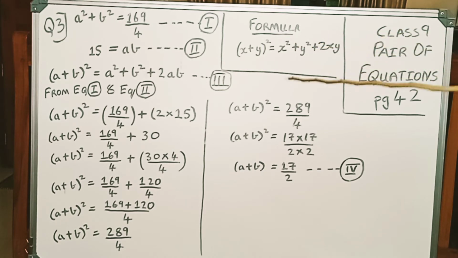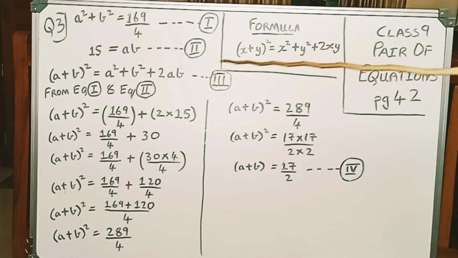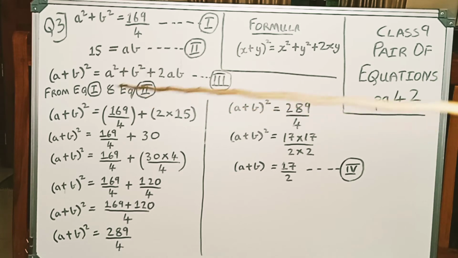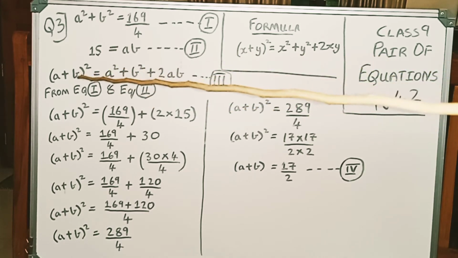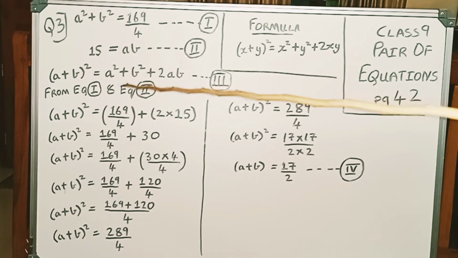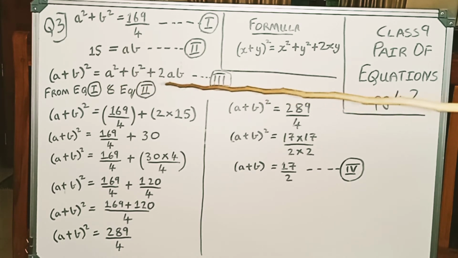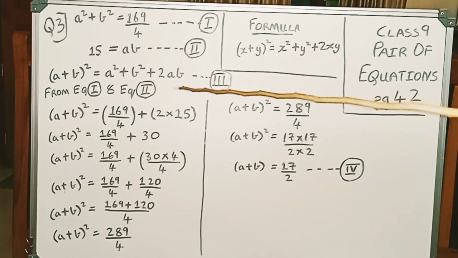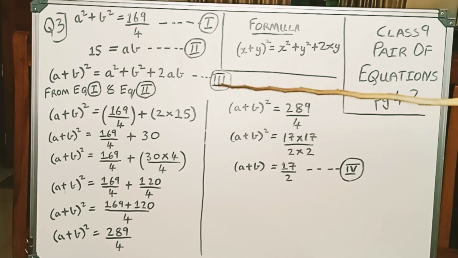Similarly, using this formula, instead of x we can write a, and instead of y we can write b. Okay, so using this formula we can write a plus b the whole square is equal to a square plus b square plus 2 into ab. Okay, this is the equation number 3.